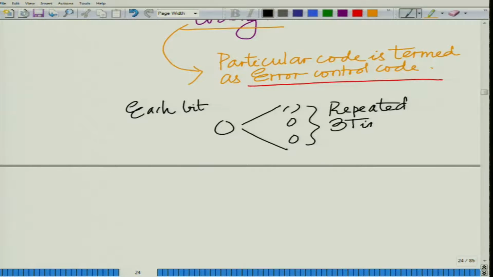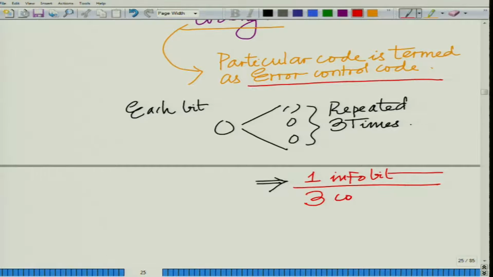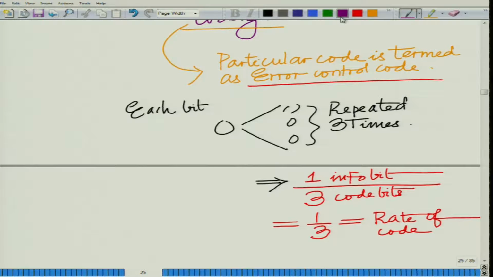In this simple example, each bit is repeated 3 times, which implies for every one information bit there are 3 code bits, which is equal to 1 over 3. This is termed as the rate of the code. So the rate of the code is basically 1 over 3.